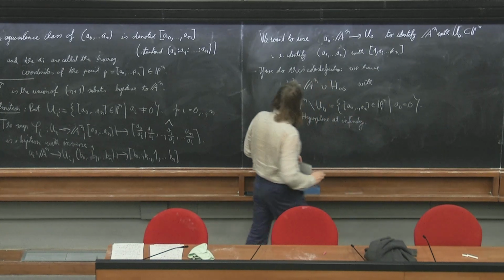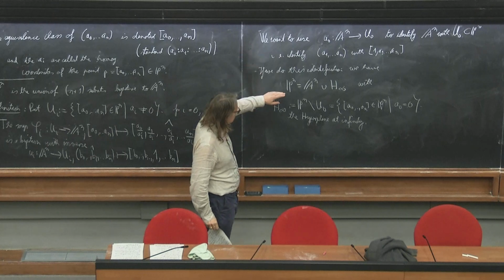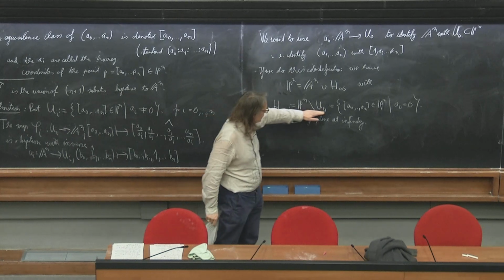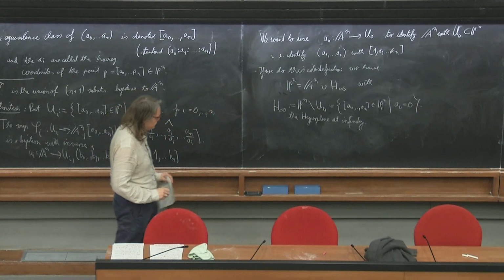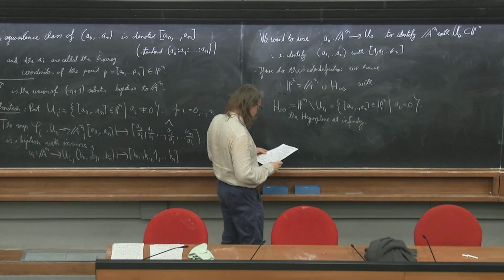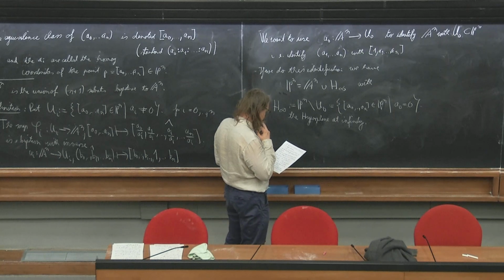If we make this identification, it means that looking at projective space, we have added all these points to A^n. They lie in a suitable sense at infinity, as we will see.